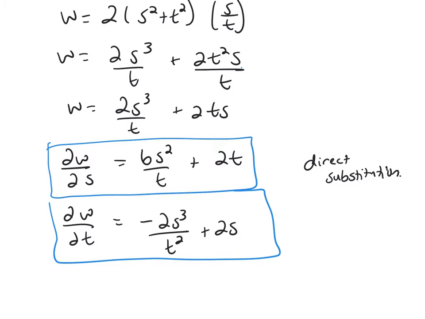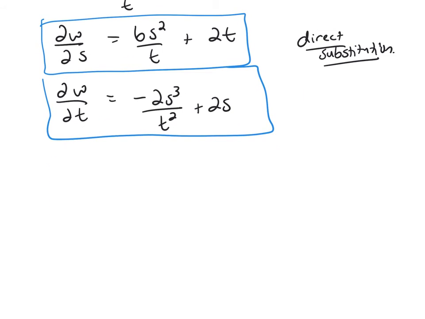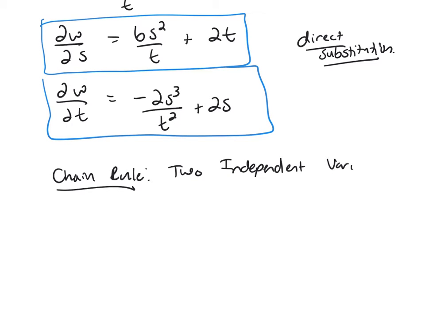but there's another way that I can find them, and it's with another variation of the chain rule. So let's go ahead and see that now. The chain rule, when you have two independent variables. So here I have an s and a t.